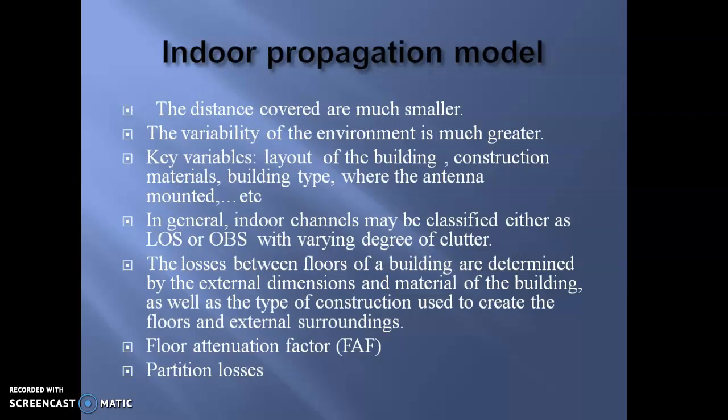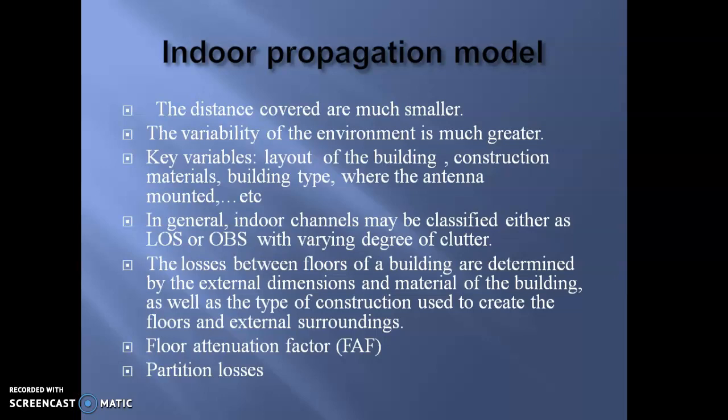In the indoor propagation model, the distances covered are much smaller and the variability of the environment is much greater. The key variables are the layout of the building, construction materials, building type, where the antenna is mounted, and so on.